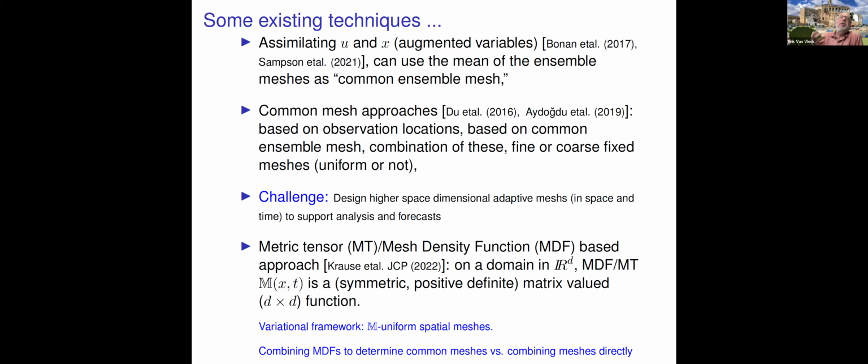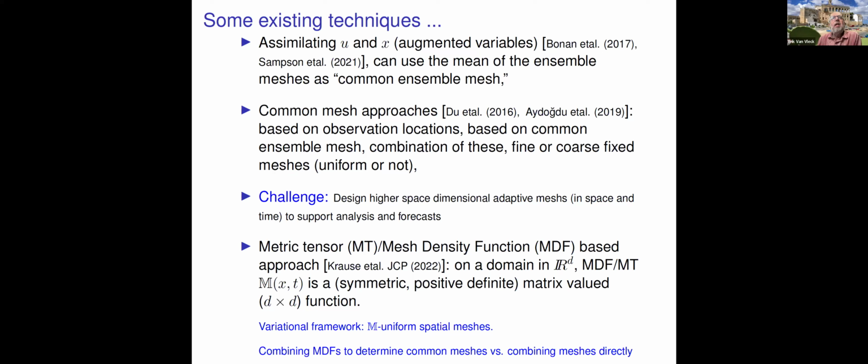And so our challenge is to design higher space dimensional adaptive meshes in 2 and 3 space dimensions to support analysis and forecast. Our first published work on this was based on, I'll use these two terms synonymously, metric tensor and mesh density function. So we did this in R^d.